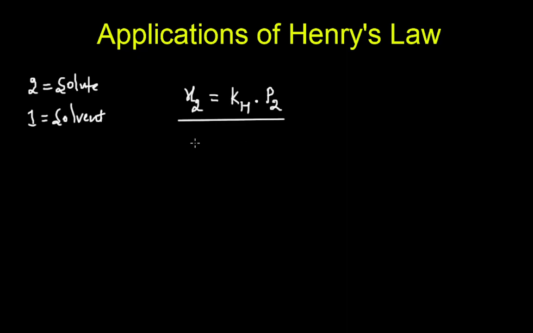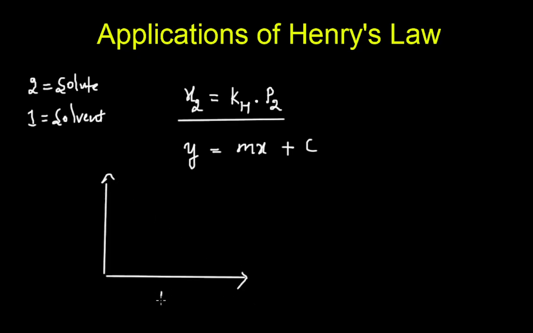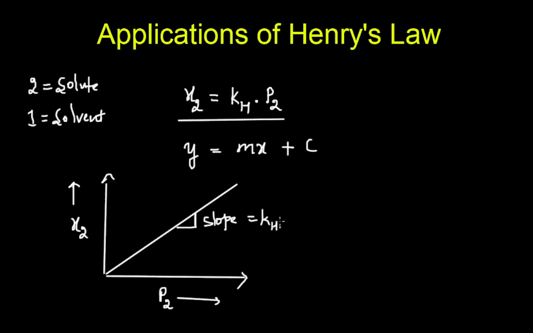Now this equation is something similar to y is equal to mx plus c, and if you plot a graph, with pressure P2 and your x2, what you get is a line whose slope is given by kh.